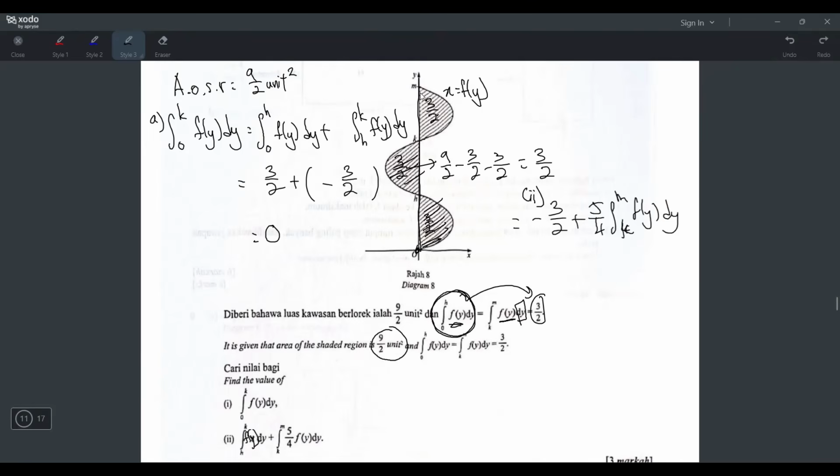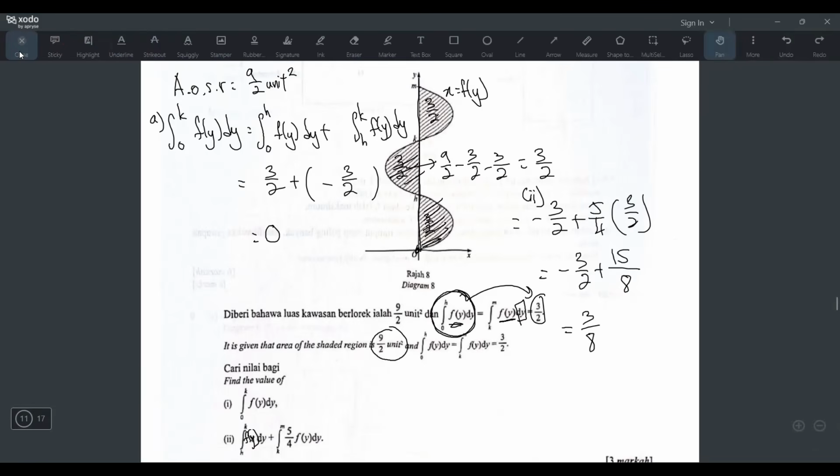But from k to m fy dy is 3 over 2. So this one I just erase and write bracket 3 over 2 directly. And then now you press the calculator. Okay, I will do this one first. Top times top, bottom times bottom. 5 times 3, 15, 4 times 2, 8. And then this one you can press calculator. Times 4 times 4, negative 12 plus 15, 3 over 8. So that is the answer. Okay, I'm done.